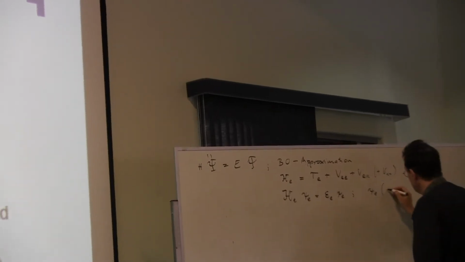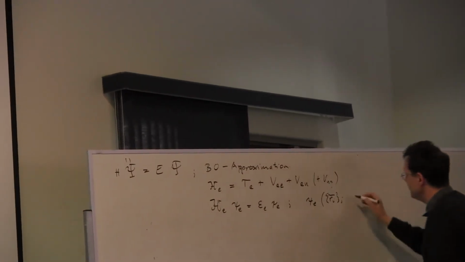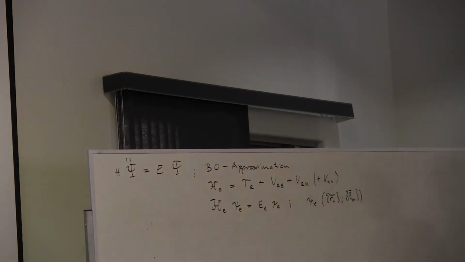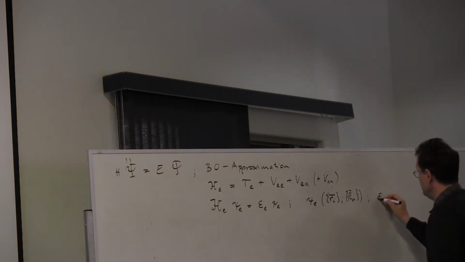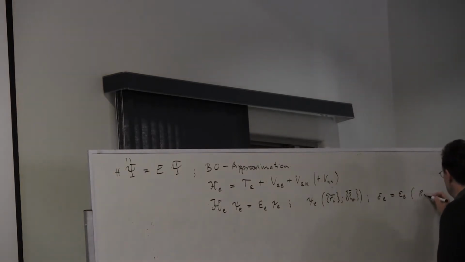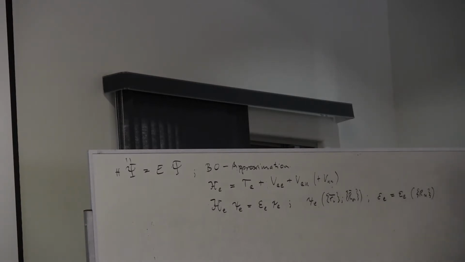It depends on the electronic coordinates and parametrically on all the positions of the nuclei. And the E is a function of these nuclear positions. It's a potential surface, it's an adiabatic potential energy surface.